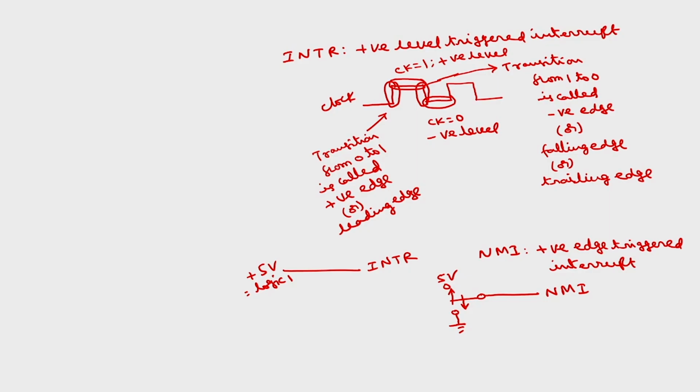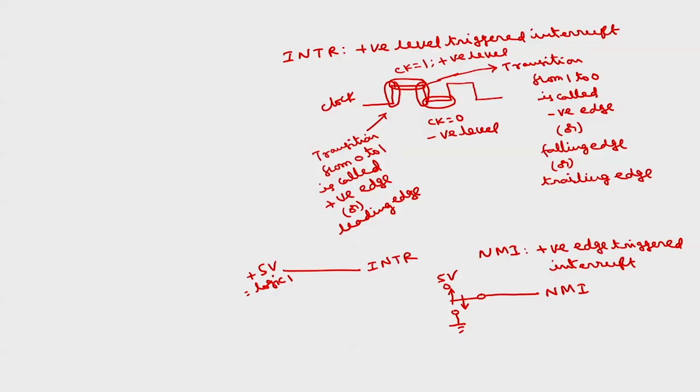So, this is how, whenever the microprocessor wants to execute some emergency program by an external device request, it will execute that program through the interrupt. The fourth external operation is the hold operation.